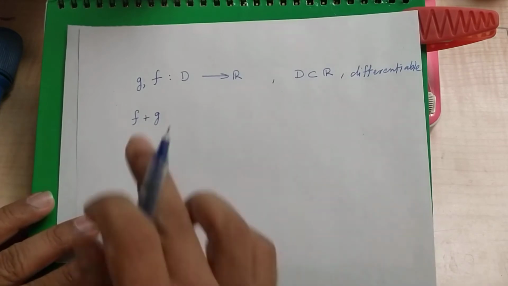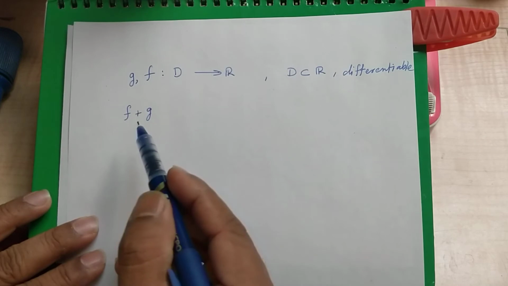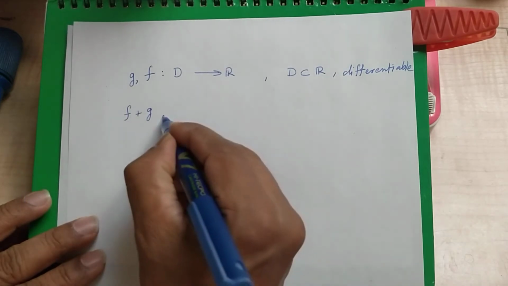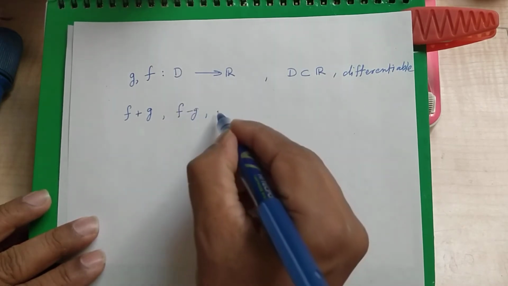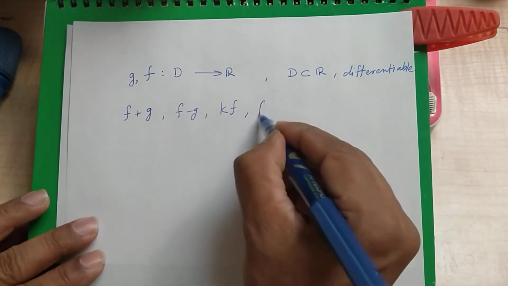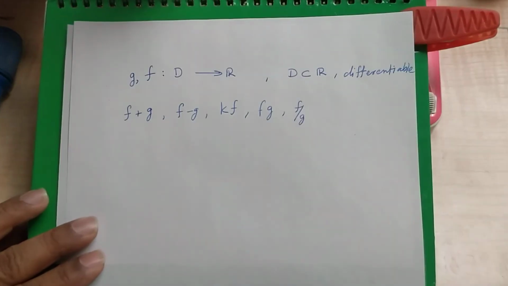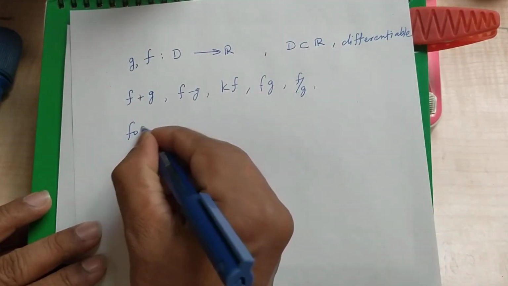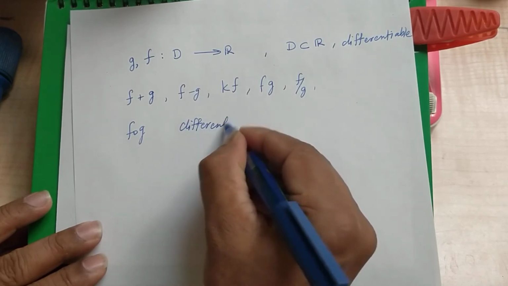Then there are theorems which conclude that the sum is a differentiable function, the difference is a differentiable function, a scalar times f will be a differentiable function, the product of these two will be a differentiable function, the quotient whenever defined will be a differentiable function, and the composition shall be differentiable.